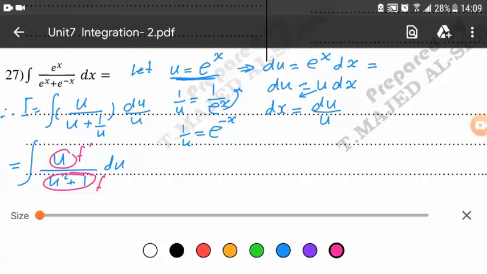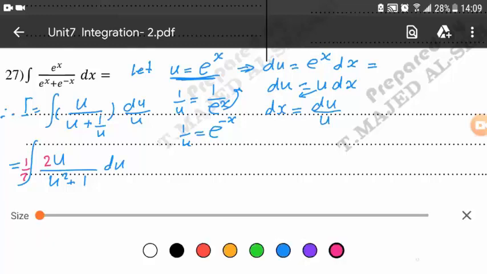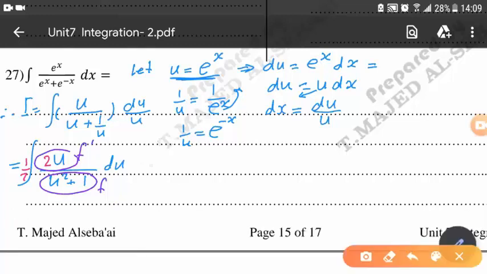You understand what I'm trying to say here? Good. So what would I need? I need to add 2 here and have a half out. Now it is f dash over f, and this is really easy.